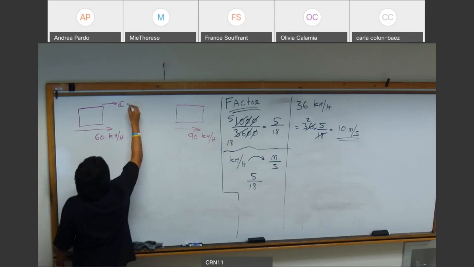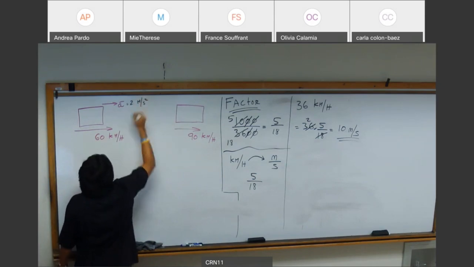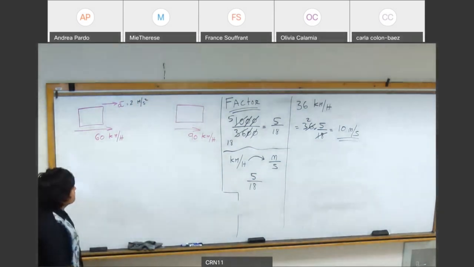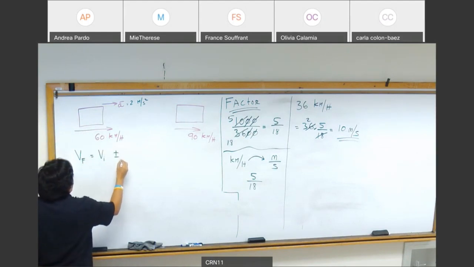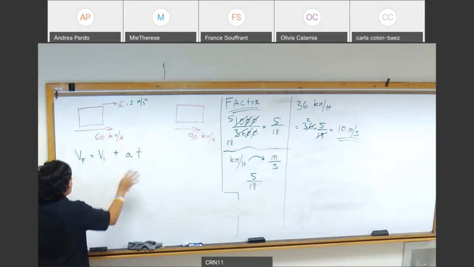The acceleration is 2 meters per second squared. So we use this: V final equals V initial plus or minus AT. It's accelerating, so we use plus. We have all the information, but we just need to convert.